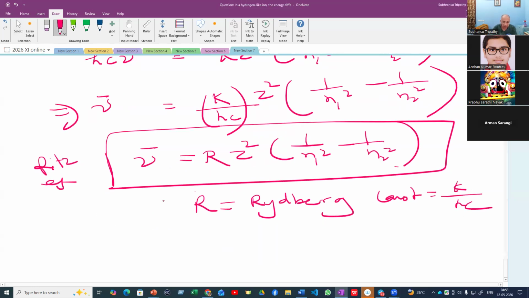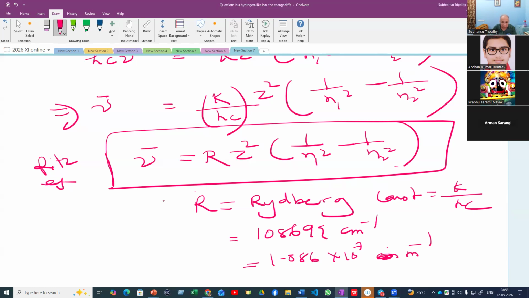So this is the Ritz equation, but this constant R is called the Rydberg constant, which is equal to K by hc, a constant. And the value is 109677 centimeter inverse, or with another two zeros, 1.096 into 10 to the power 7 meter inverse.